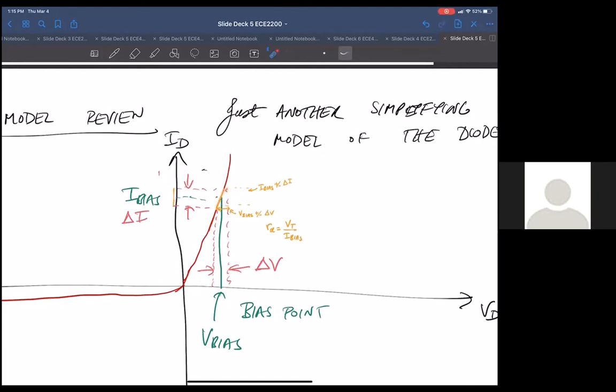And given that you're guaranteed that you only have a small amount of change, it's a very good approximation, and it makes your calculations much easier.